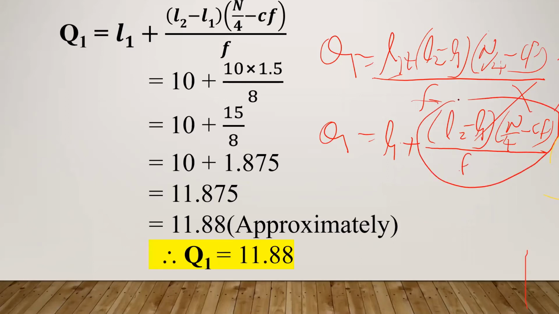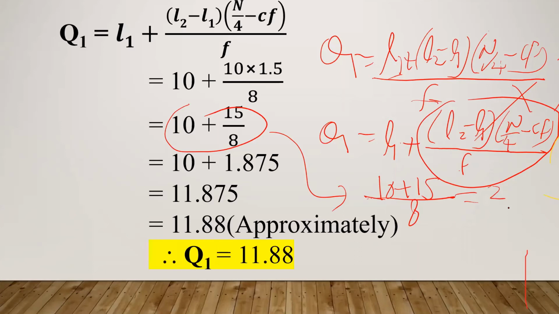Many students go this far, and then what mistake they make is, they write like this: 10 plus 15, and again extend the division up to here. So 10 plus 15 will give you 25, and 25 upon 8, what is the answer for 25 upon 8? It will be 3 point something. Whereas what is our answer?